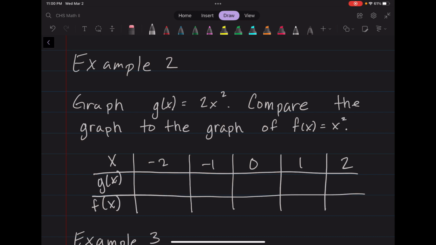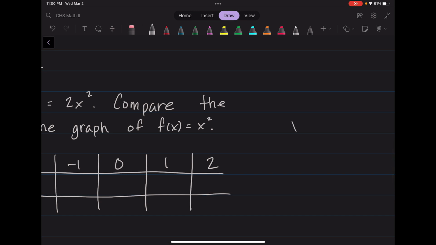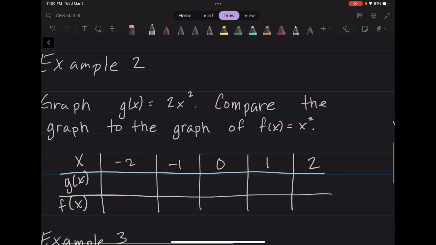All right, so let's do the easy ones. If I plug in -2 for f of x, that's going to look like -2 squared. Well, -2 times -2 is going to be a +8. So my number here for f of x is going to be 8.